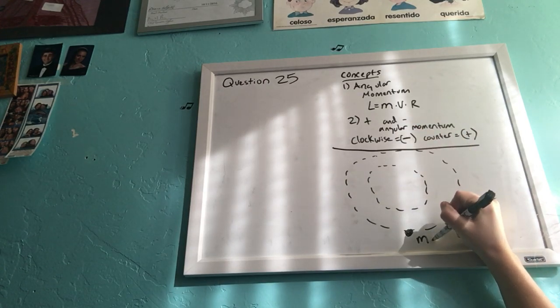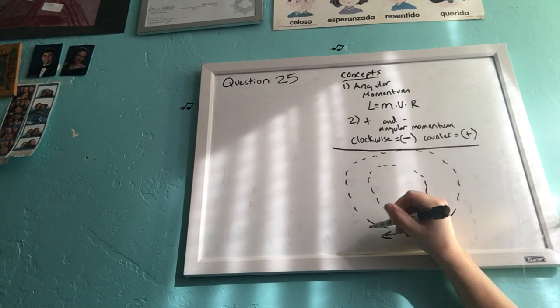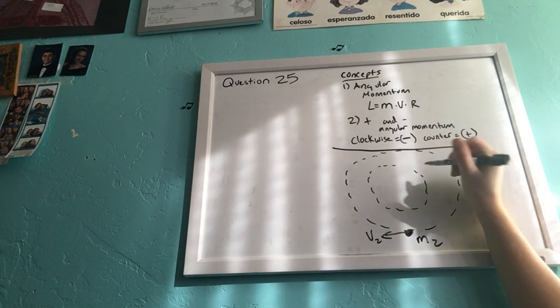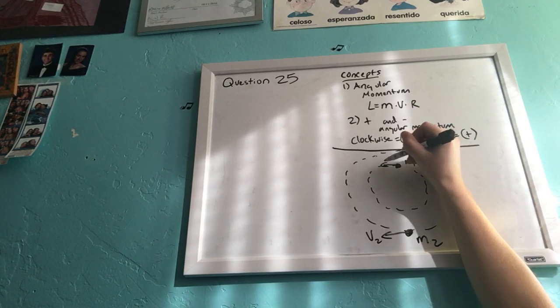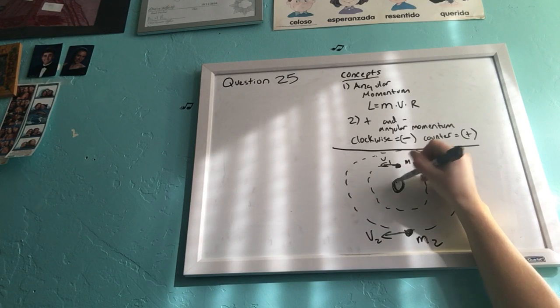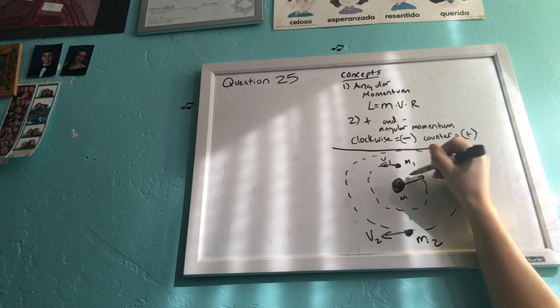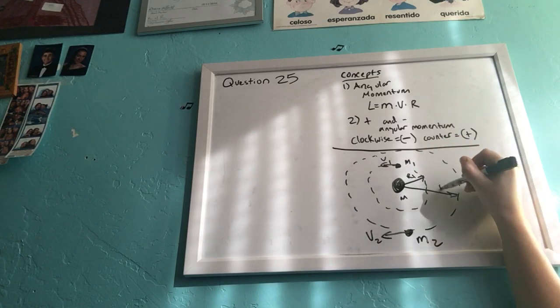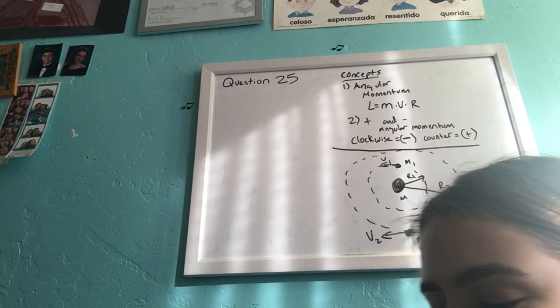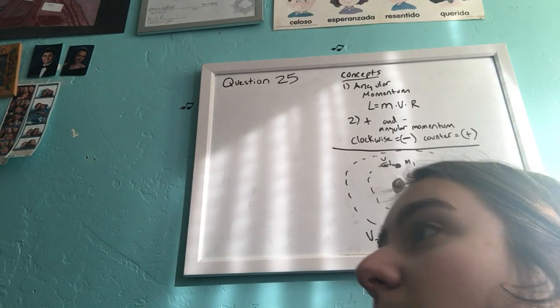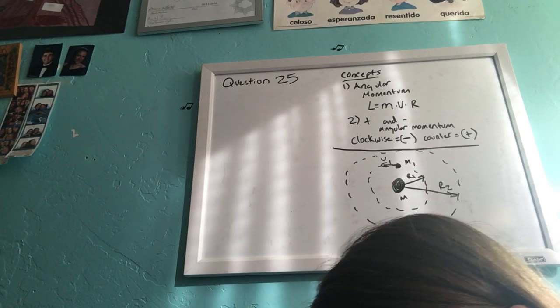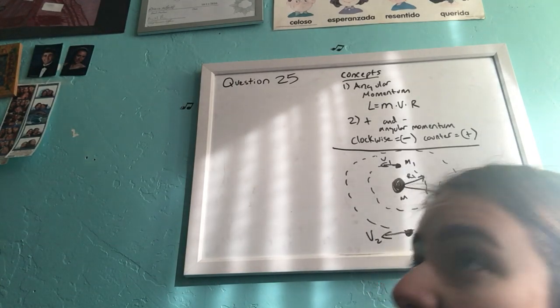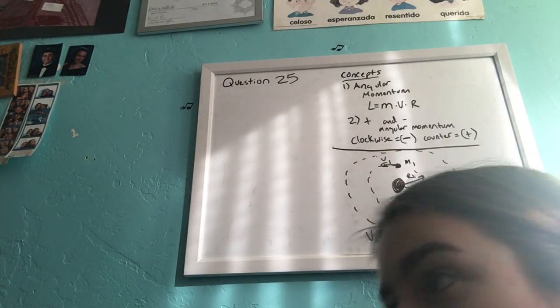And mass 2 is rotating this way with velocity 2, and mass 1 going at velocity 1, and this is the planet, mass m, this is r1, radius 1, and r2. Okay, so in this problem it is asking for the angular momentum of the two satellite system. So we're going to use mvr because it's rotating around something else.